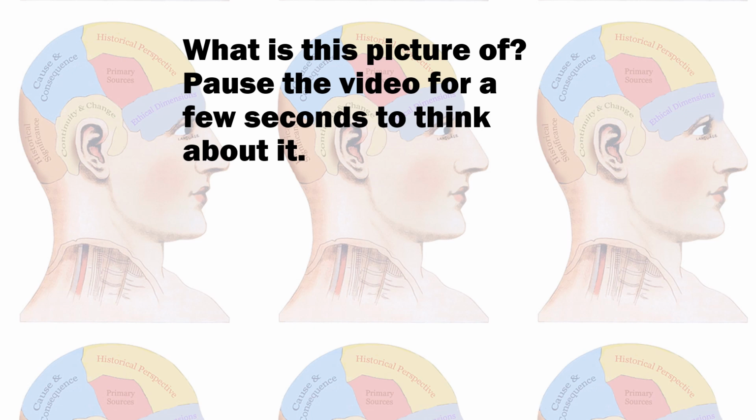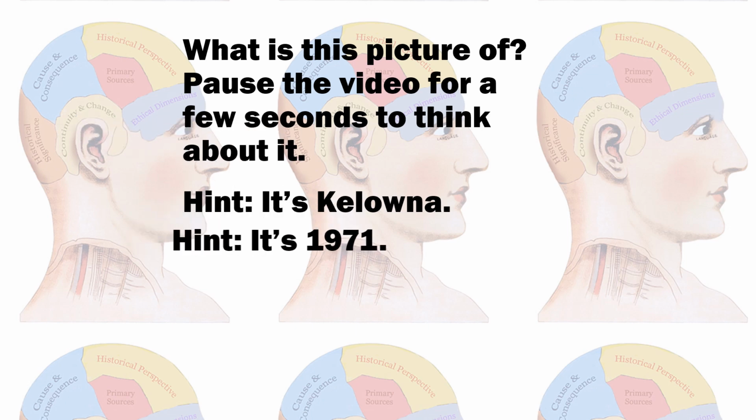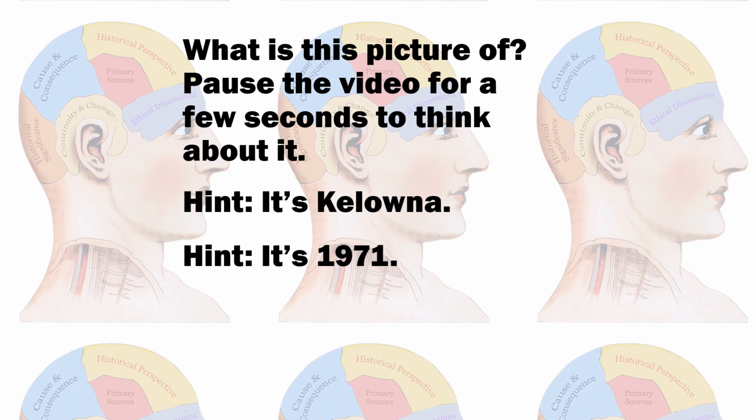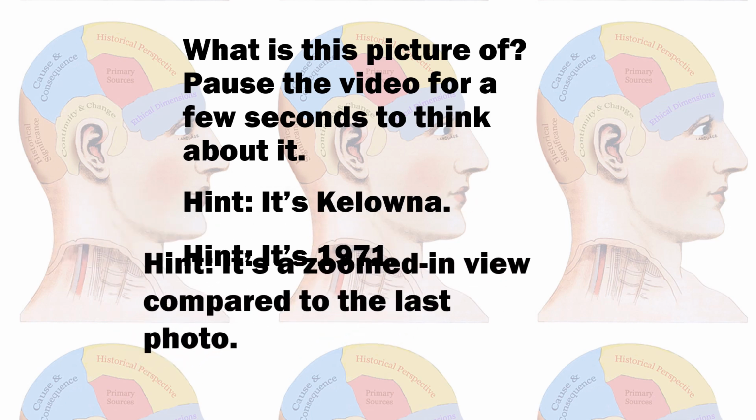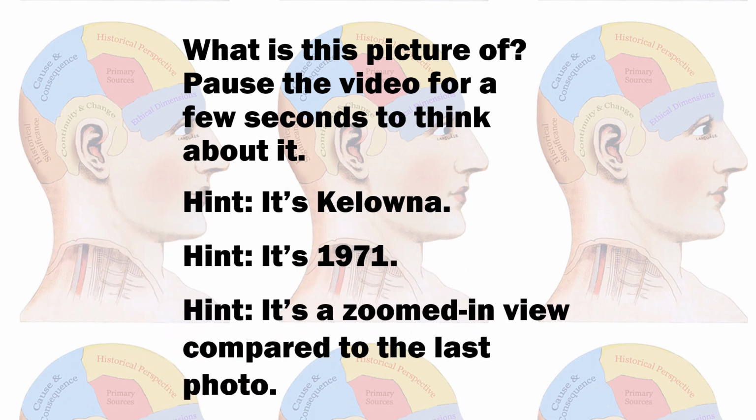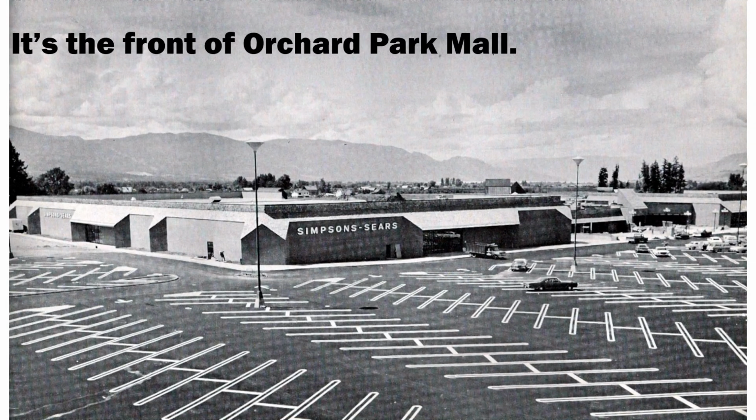I'll give you a couple of hints. It's Kelowna again. It's also in 1971. It's a zoomed in view compared to the last photo. It's the front of Orchard Park Mall.